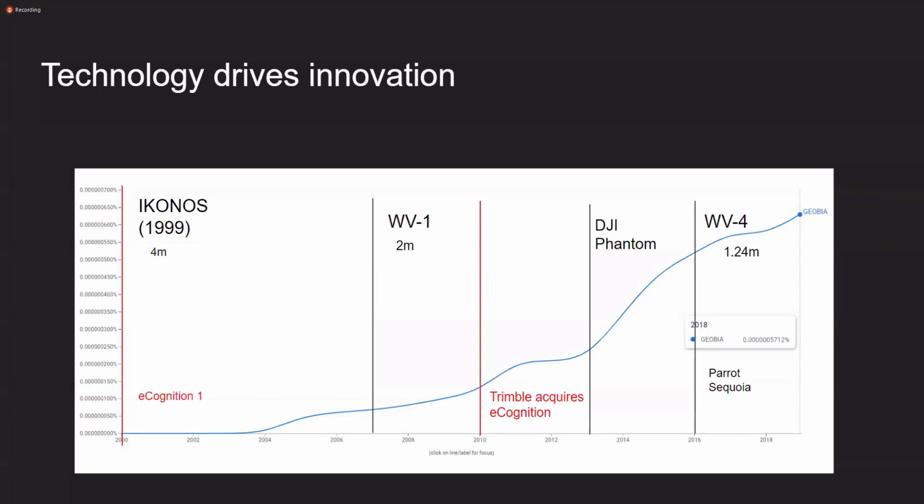And we can't leave out the use of drones, where we have a lot more flexibility in capturing very high resolution imagery, depending on the heights that we're flying our sensors. So along with all those innovations, we've also seen development of new techniques. And object-based image analysis really is seeing growth itself due to those technological changes.